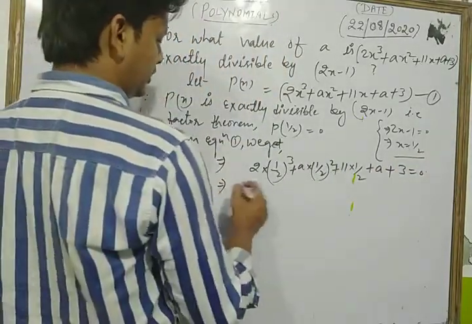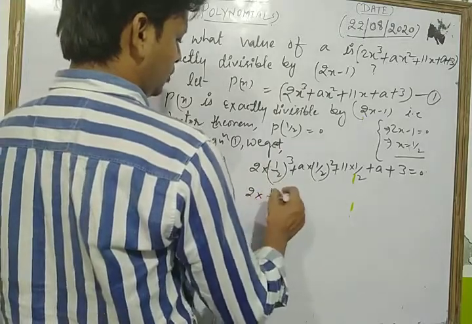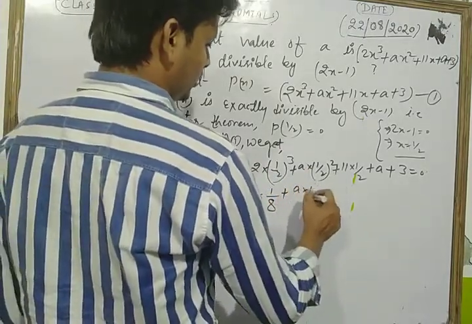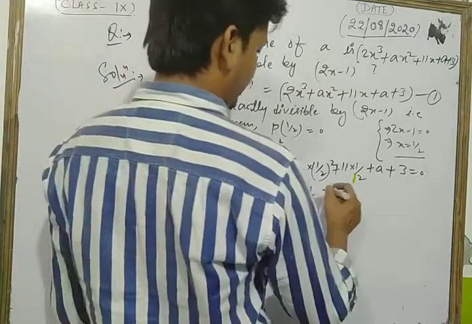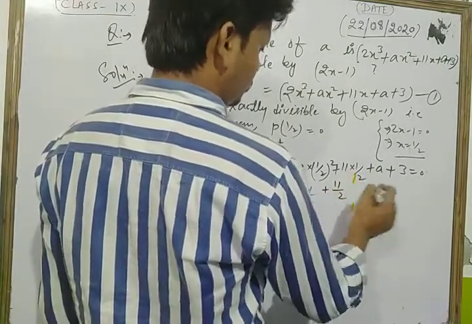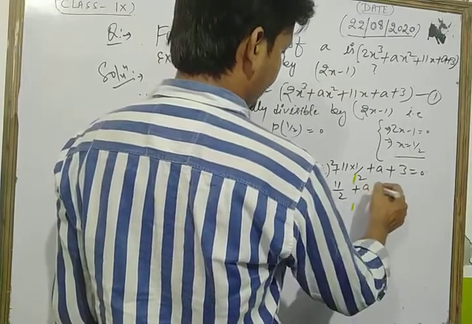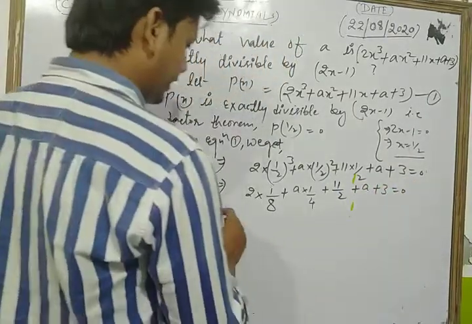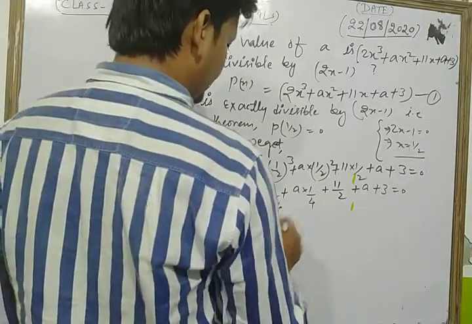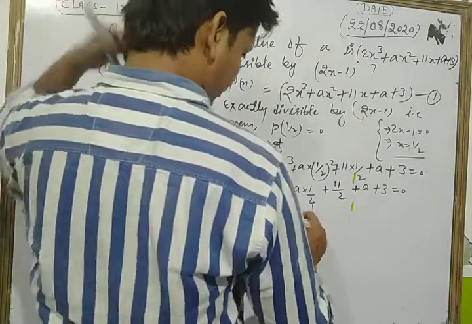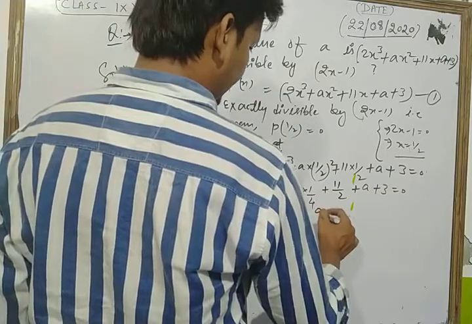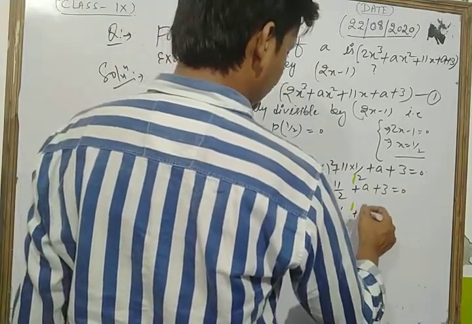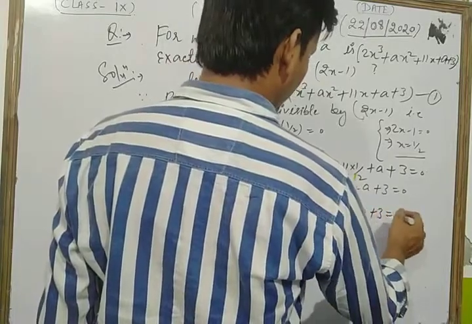Now solve it. 2 into 1 upon 8, plus a into 1 upon 4, plus 11 upon 2, plus a plus 3 is equal to 0. Now 2 fours are 8, so we write 1 by 4 plus a by 4 plus 11 by 2 plus a plus 3 is equal to 0.